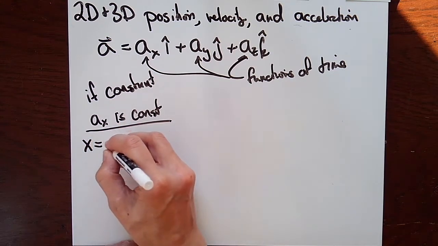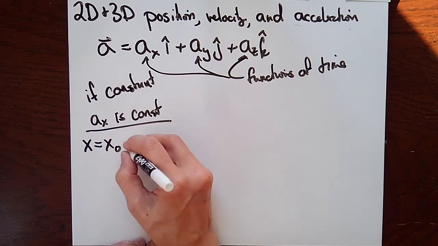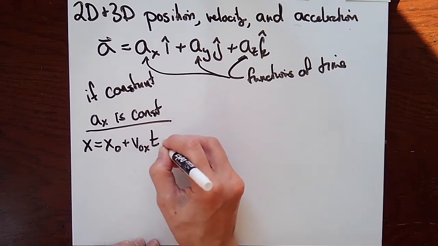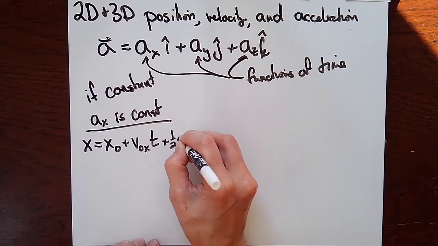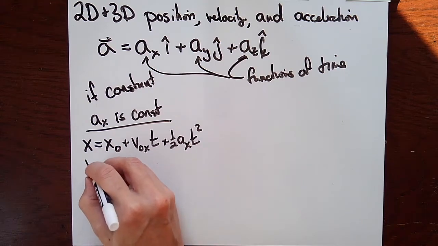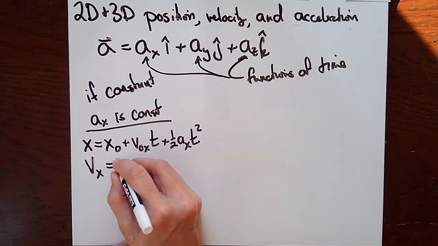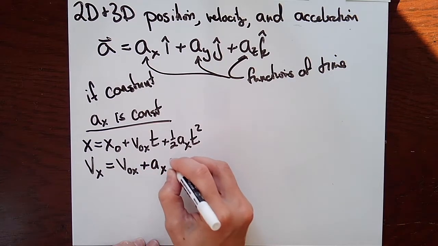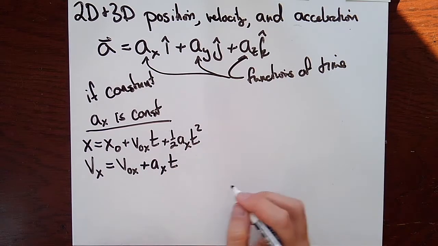So, for example, the x position is equal to the initial x position plus the initial x component of velocity times time plus 1/2 the x component of the acceleration times time squared. You can get the x component of the velocity is equal to the initial x component of the velocity plus the x component of the acceleration times time.